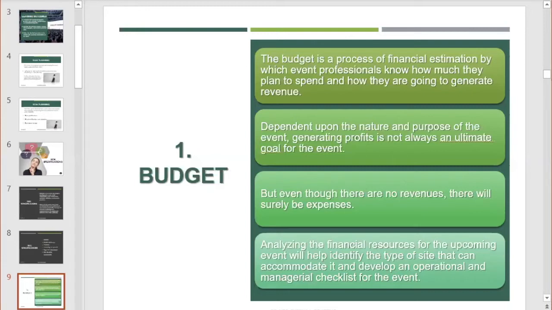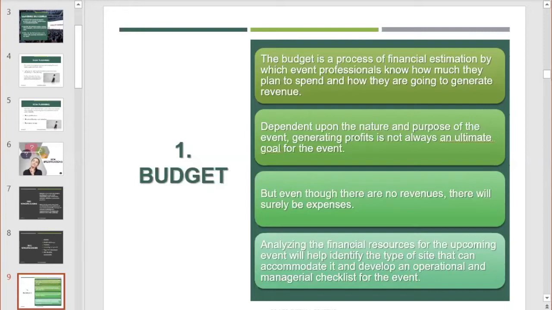Now, analyzing the financial resources for the upcoming event will help you to identify the type of sites that can accommodate whatever financial resources you have. Because your resources, like we said in the beginning when we were going through the foundations of event management, are always constrained.